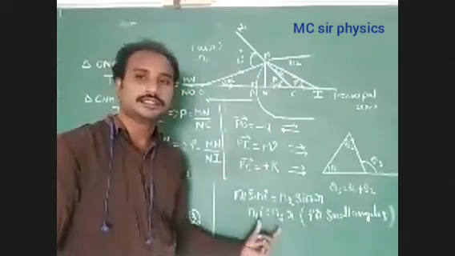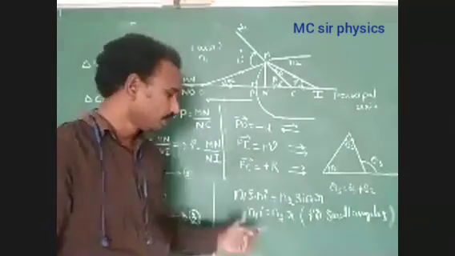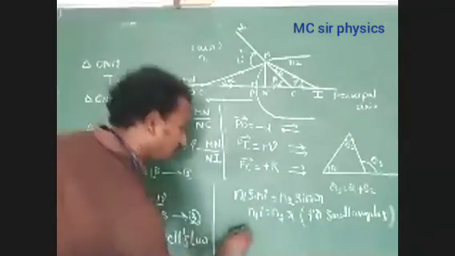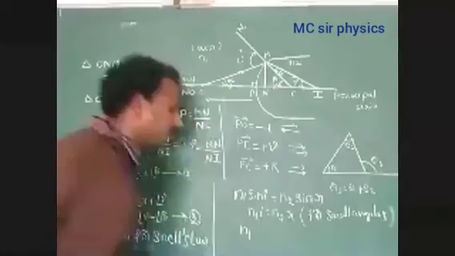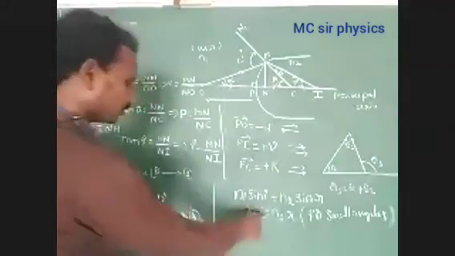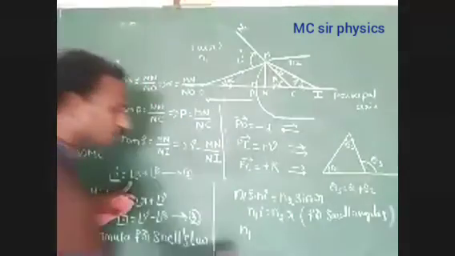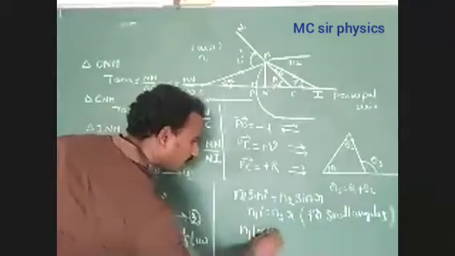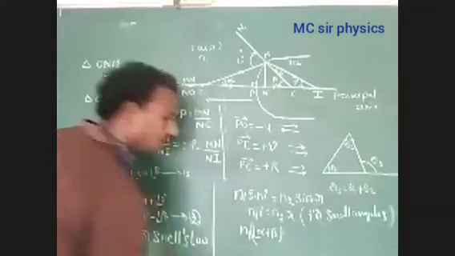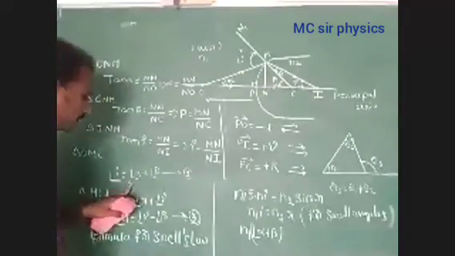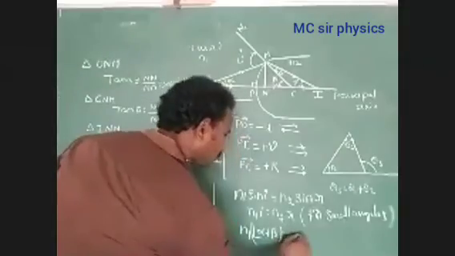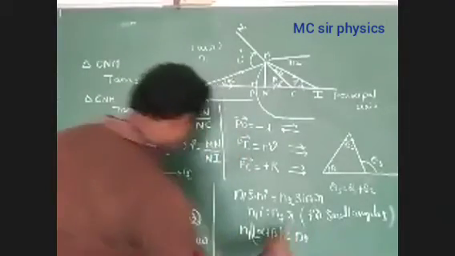For small angles, this condition is applicable. Now substitute this value. n1 times angle i equals angle alpha plus angle beta, that is equal to n2 times angle r.